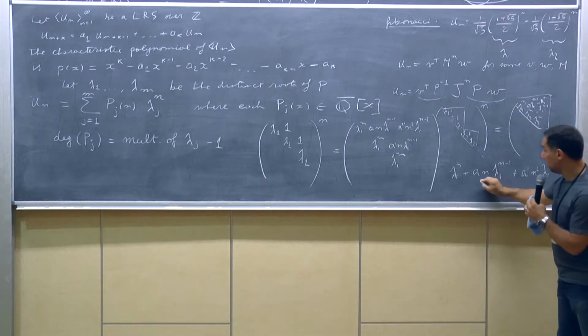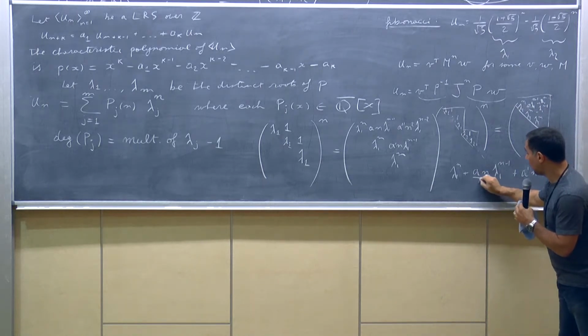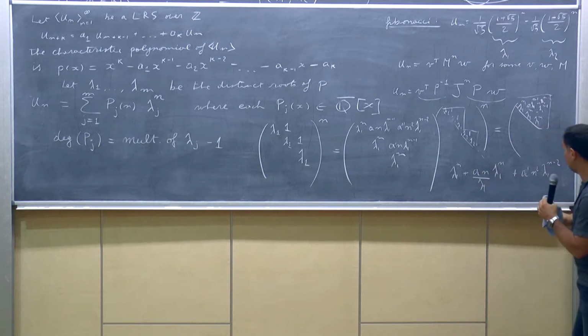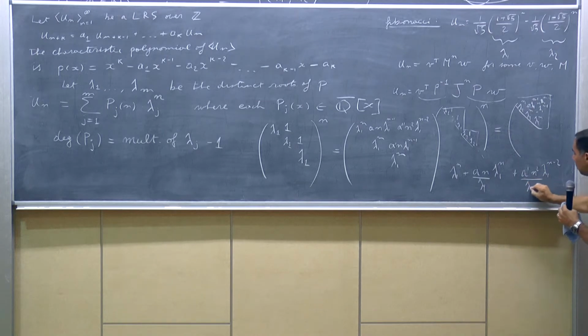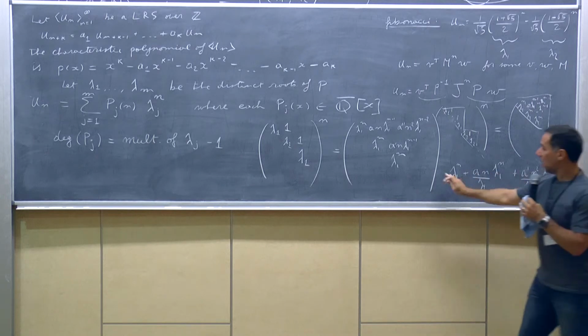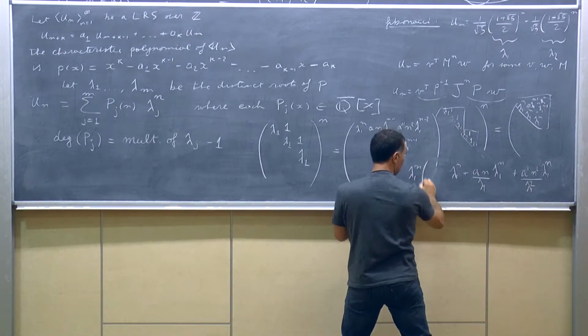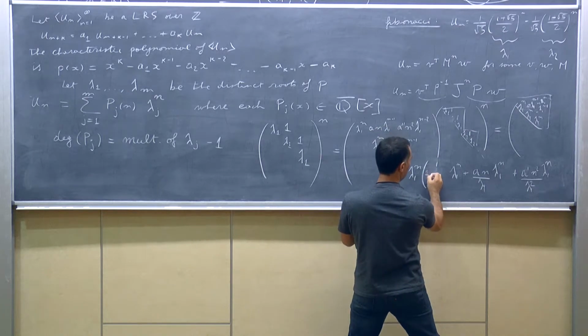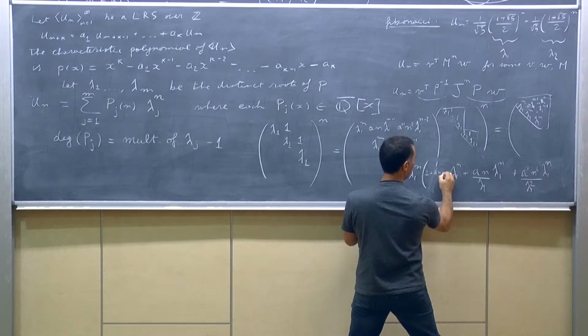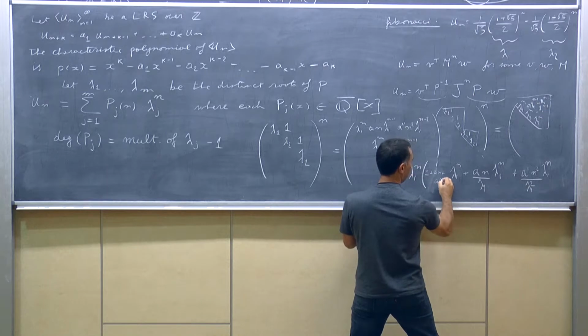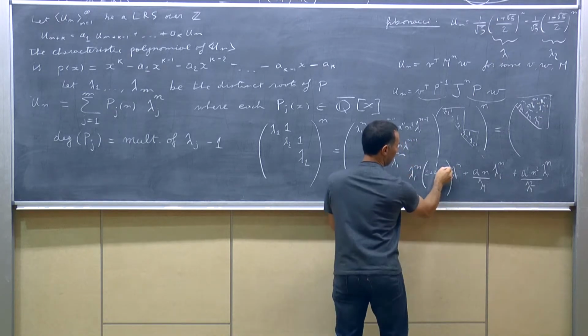I can always write this as, I divide by lambda 1, and I do this, I divide by lambda 1 squared, and I do that. I factor lambda 1 to the n, and I get 1 plus a n plus a prime n squared, and that is my PJ.